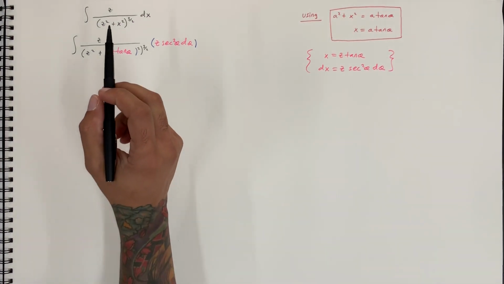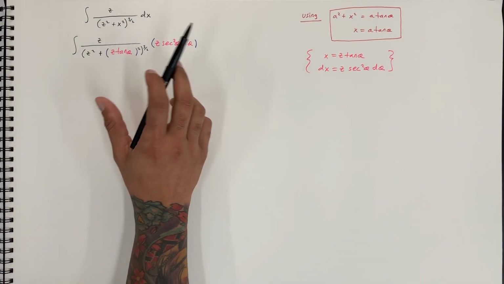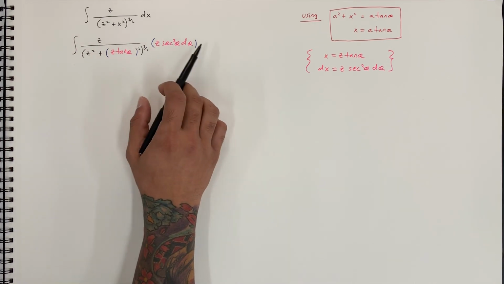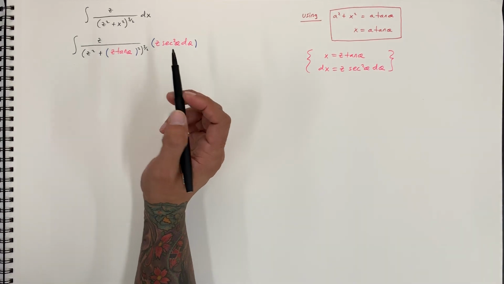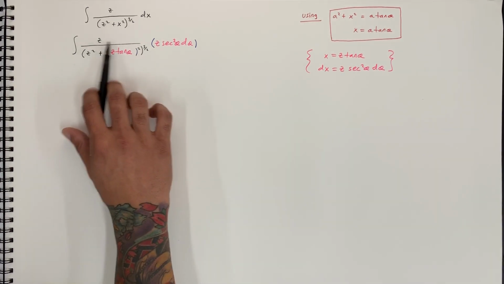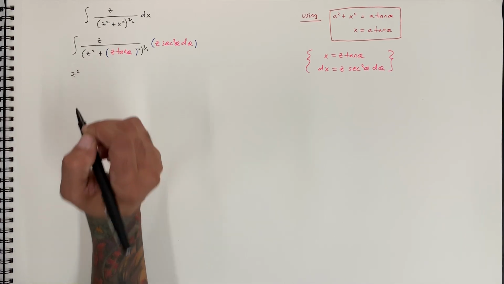Because z is not a function of this integral, we can take it out. So this z and this z is z squared, let's take that out of the integral.